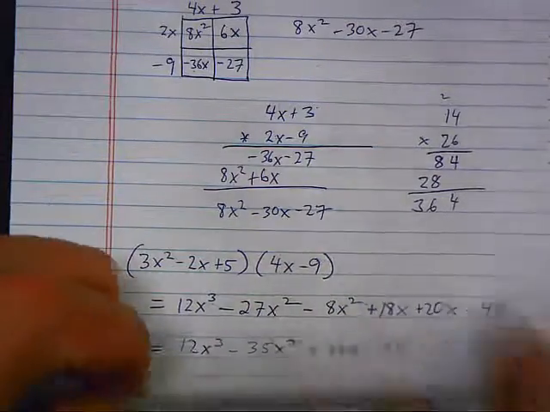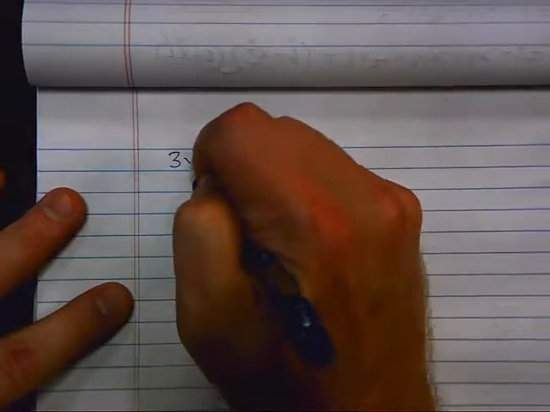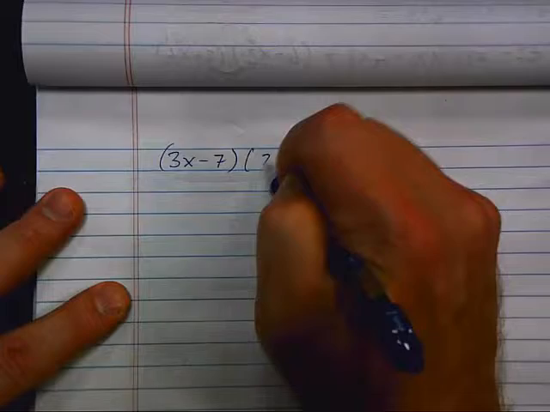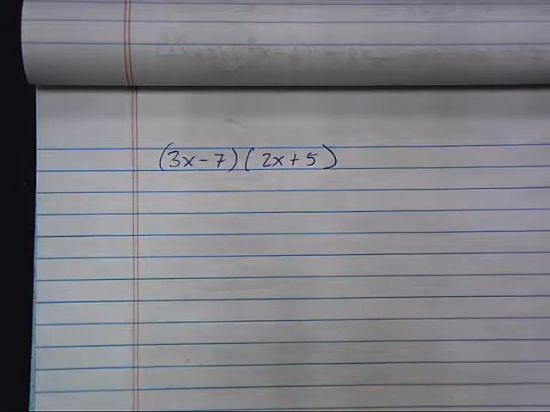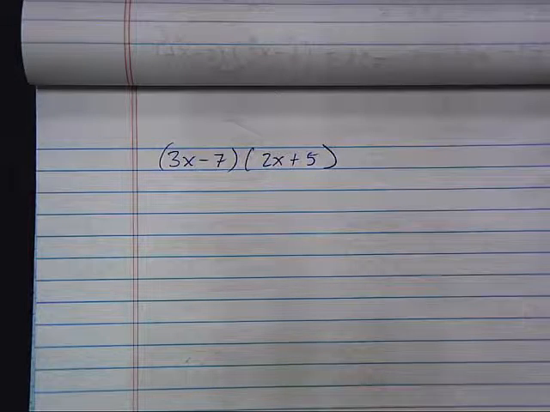All right, here's my last question. 3x minus 7 times 2x plus 5.